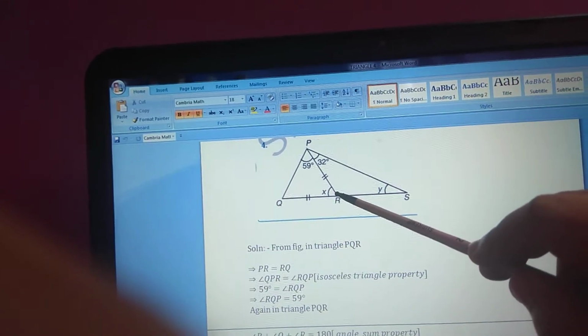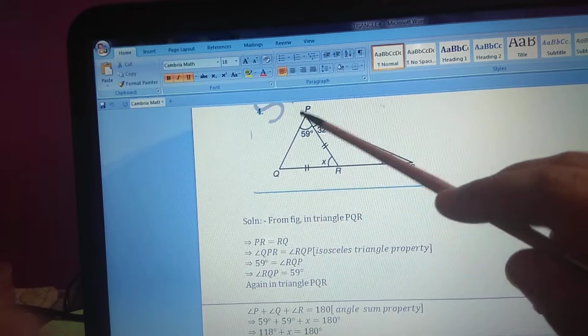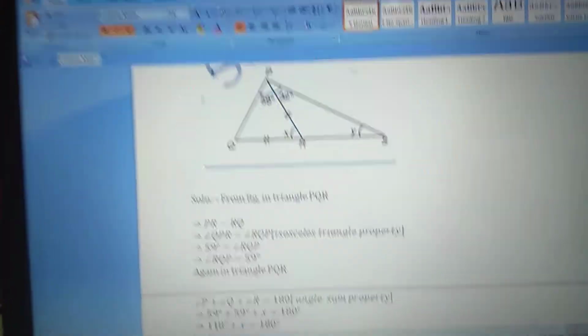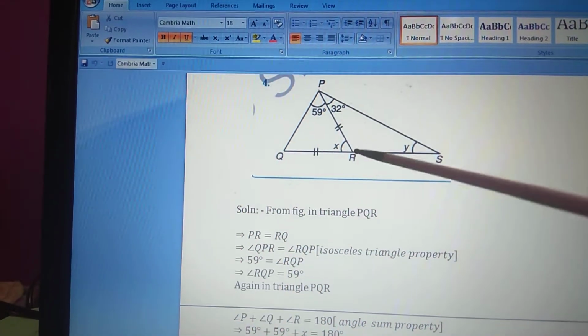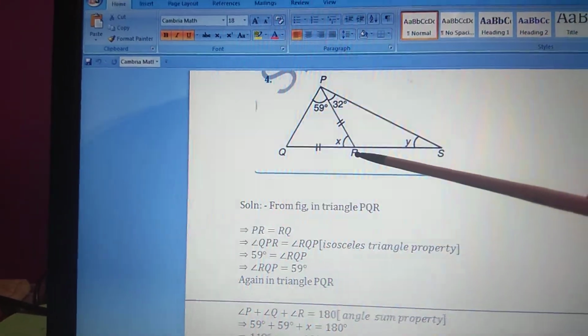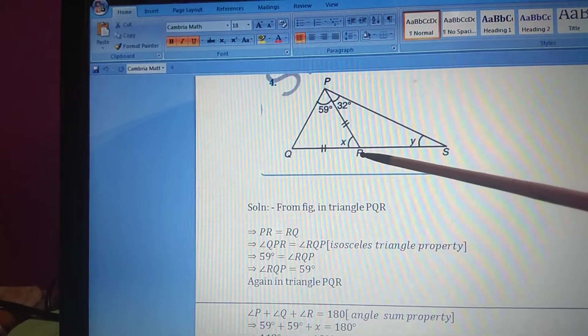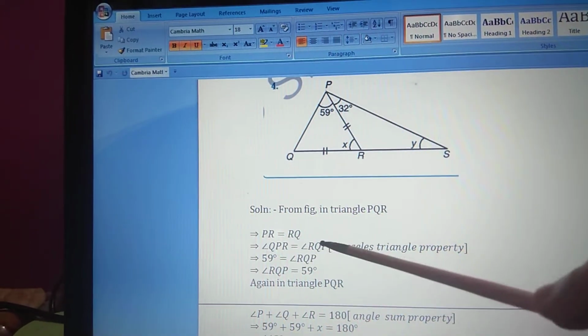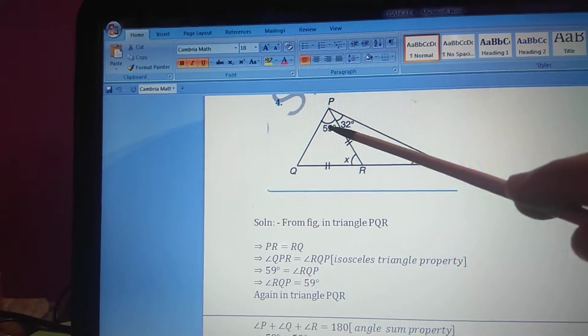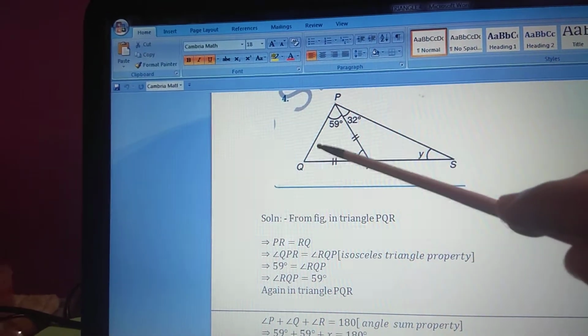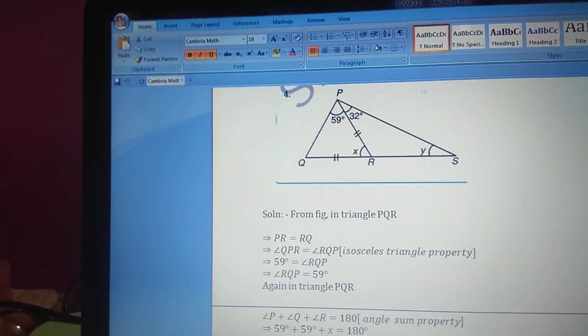To find X, we have to concentrate on the triangle PQR. So in triangle PQR, PR and QR are equal. So the angles opposite to them are equal by isosceles triangle property. So if this is 59, this will also be 59.